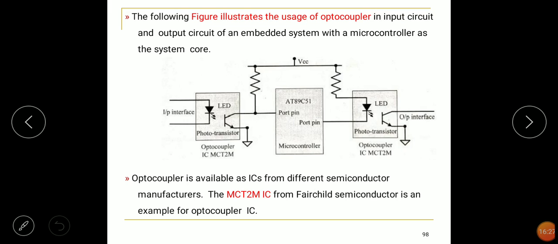The following figure illustrates the usage of the optocoupler in the input circuit and output circuit of an embedded system with a microcontroller as the system core. Here the IC used is the MCT2M optocoupler. Go through the circuit for both input and output operations.